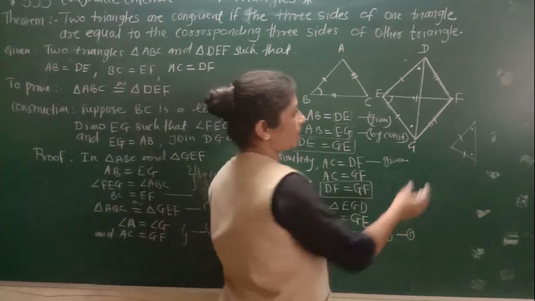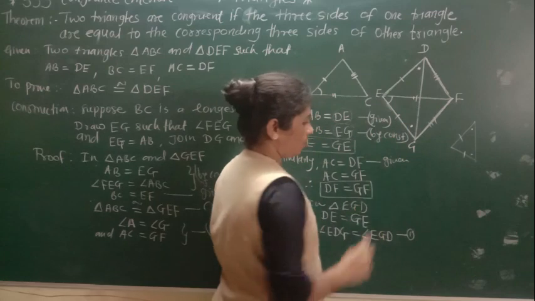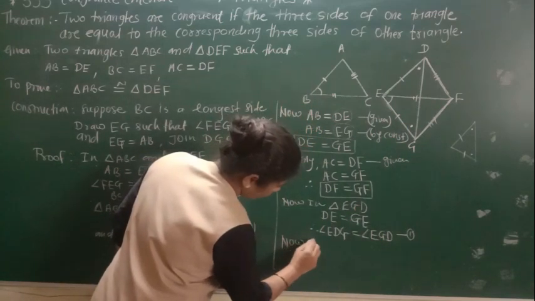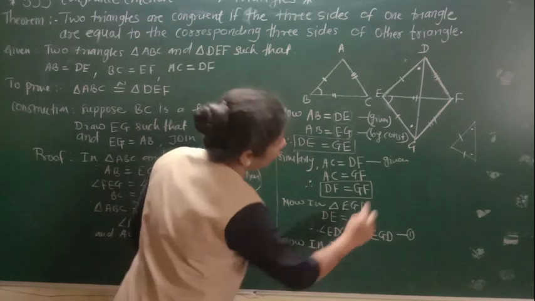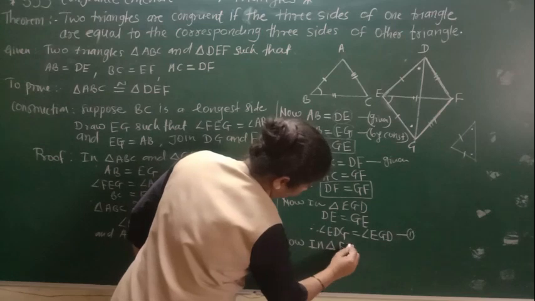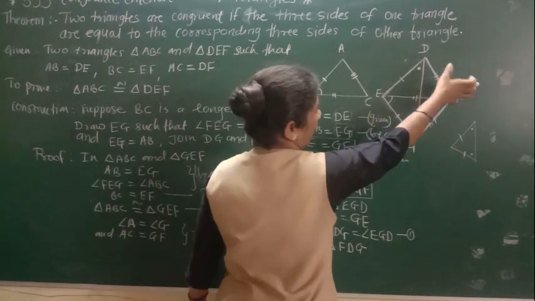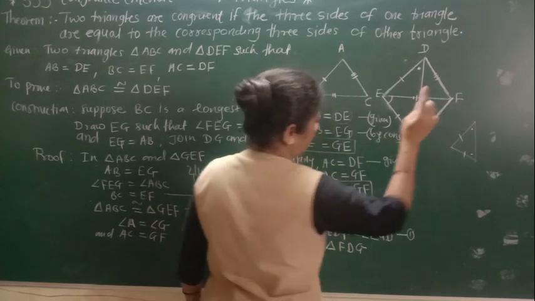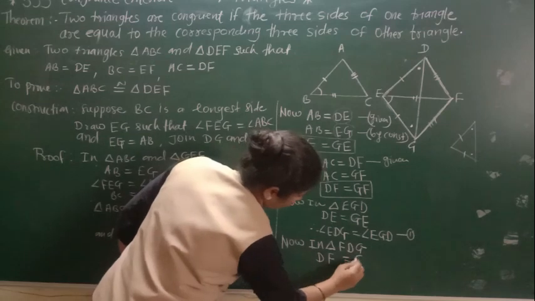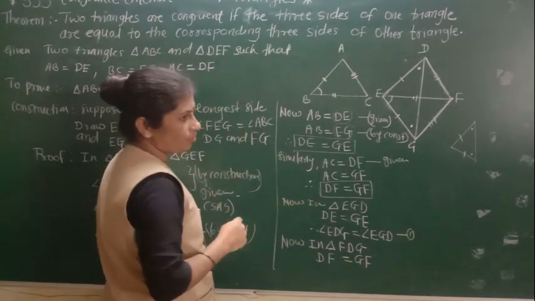Similarly, we have to take this triangle also. In triangle FDG, what is there? DF equals GF. See here, we have got DF equals GF.